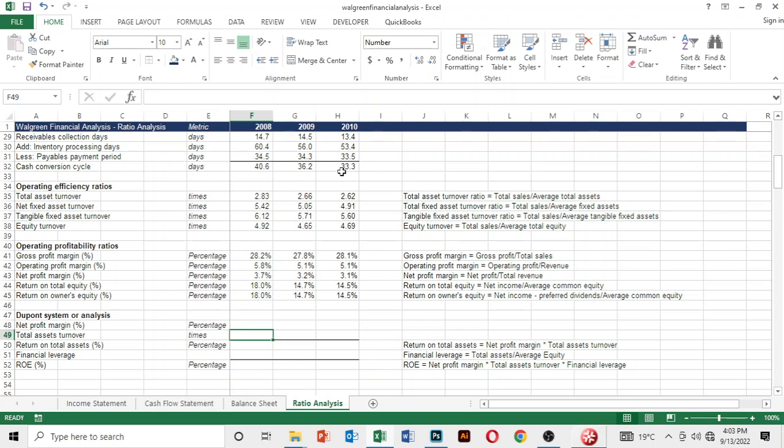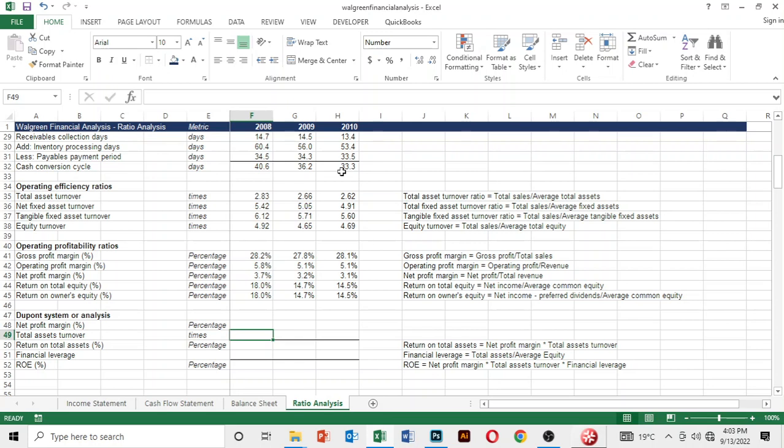It is also affected by total assets turnover. It is also affected by the financial leverage. In other words, return on equity is affected by the operating performance of the business, the efficiency, and how indebted the firm may be, right?